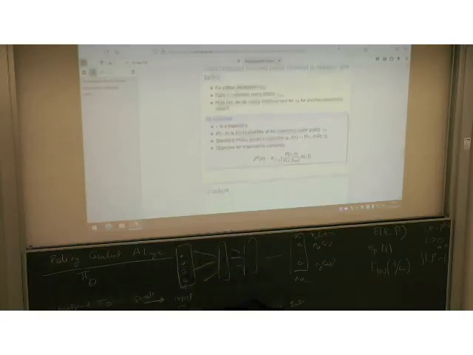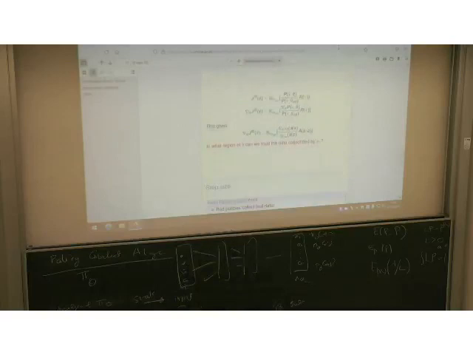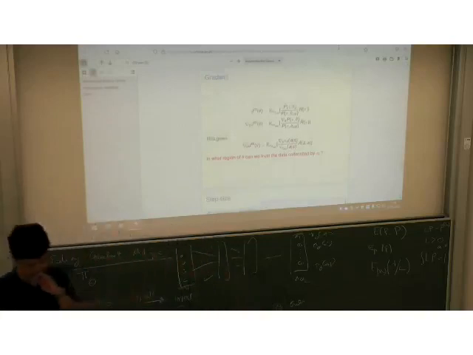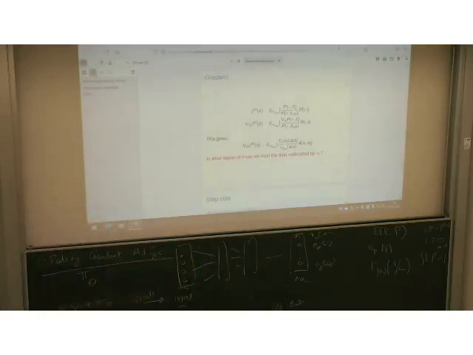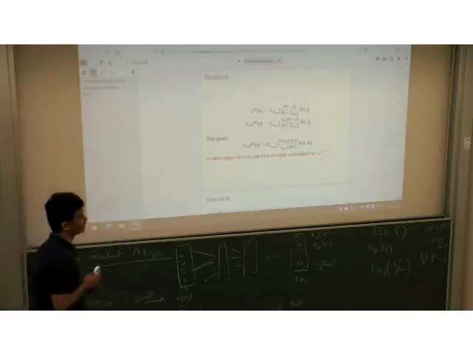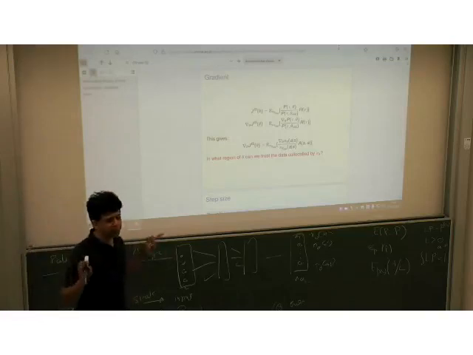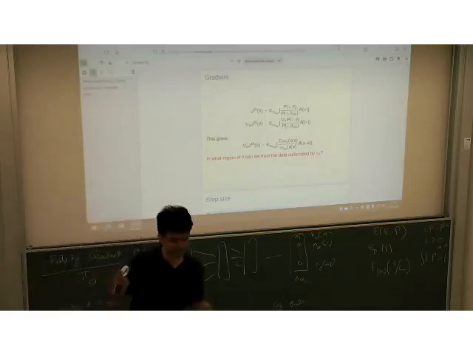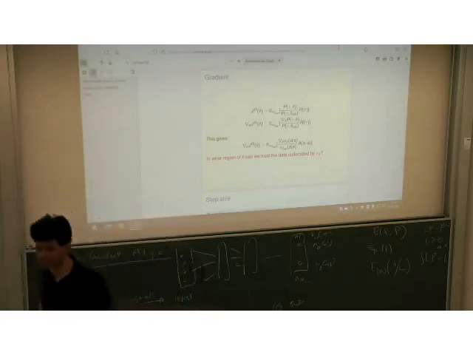In particular, in the next slide, there is the gradient in two different forms. There is nothing special about this slide. You can compute the gradient, and if you expand out the numerator and denominator, you'll see that the only terms that remain correspond to the actions. There are two choices of J here, and I realized when I was writing that I made a mistake of interchanging the two J's.